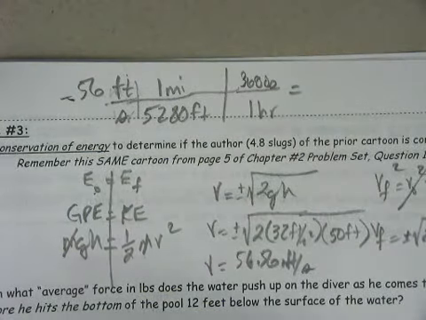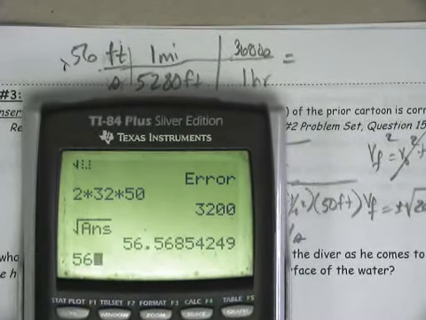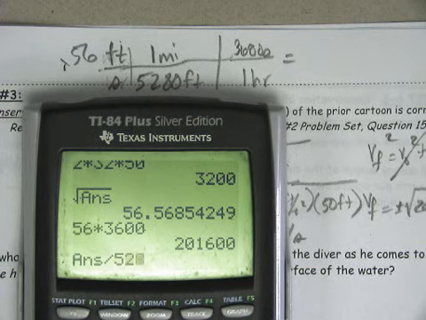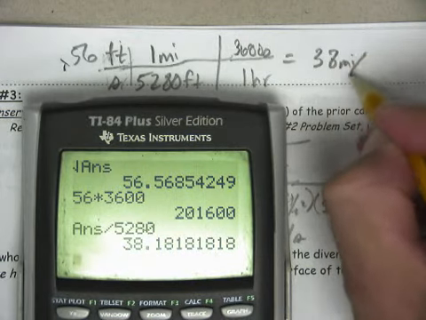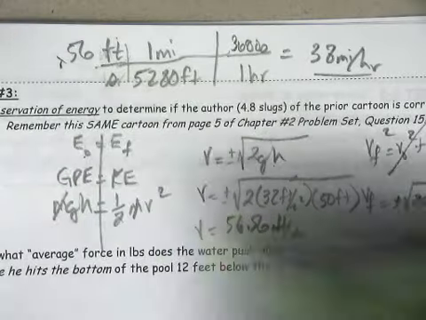Now let's go ahead and finish that off. So I have 56 times 3,600 divided by 5,280, and we get 38 miles per hour, which is not even close to what he calculated, so he was wrong.